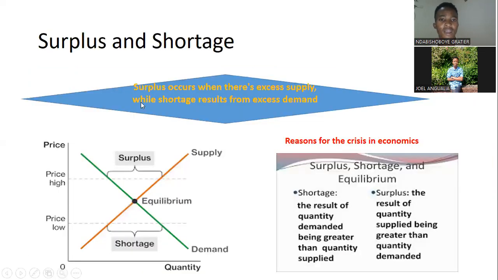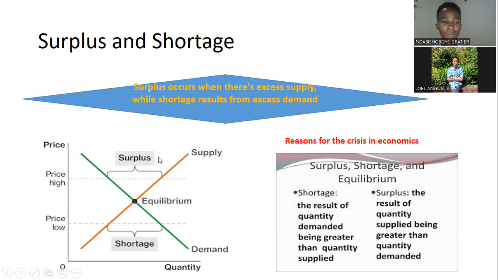Surplus and shortage. Surplus occurs when there is excess supply, while shortage occurs when there is excess demand. So when demand exceeds supply, we call it shortage. And when supply exceeds demand, we call it excess supply.